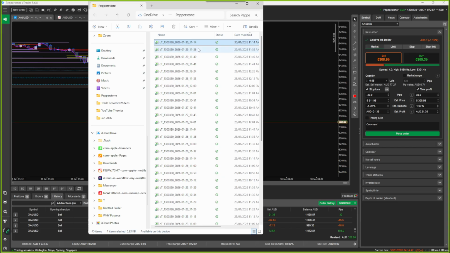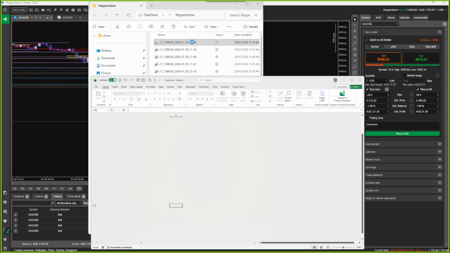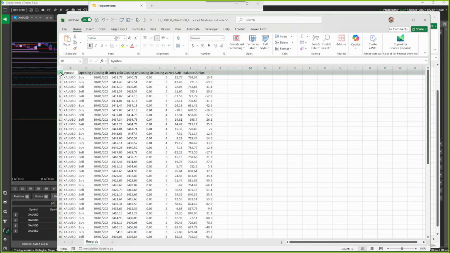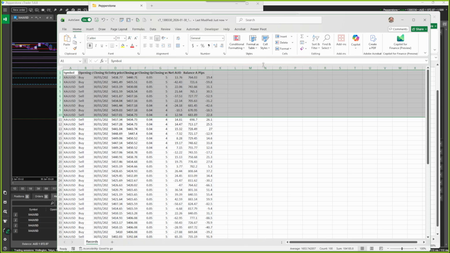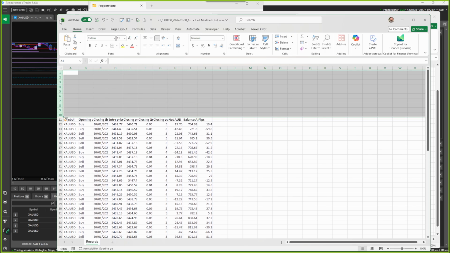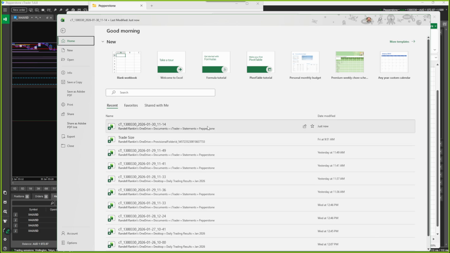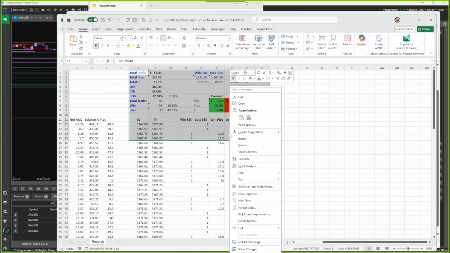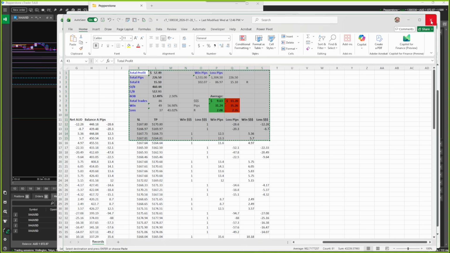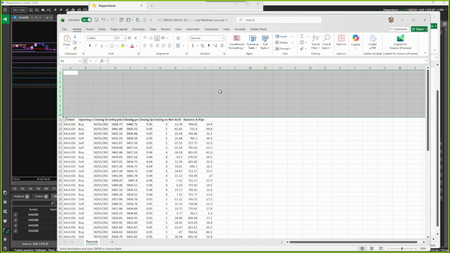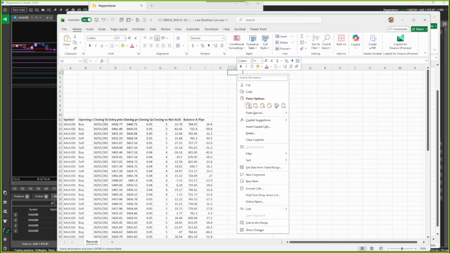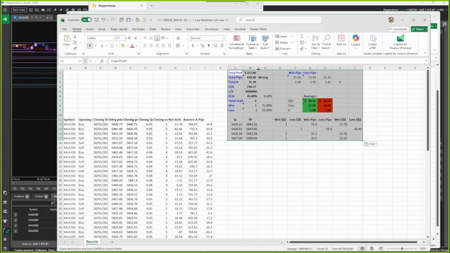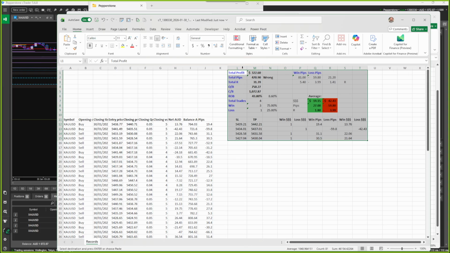I built my little spreadsheet, which will give me my session. Made $322.